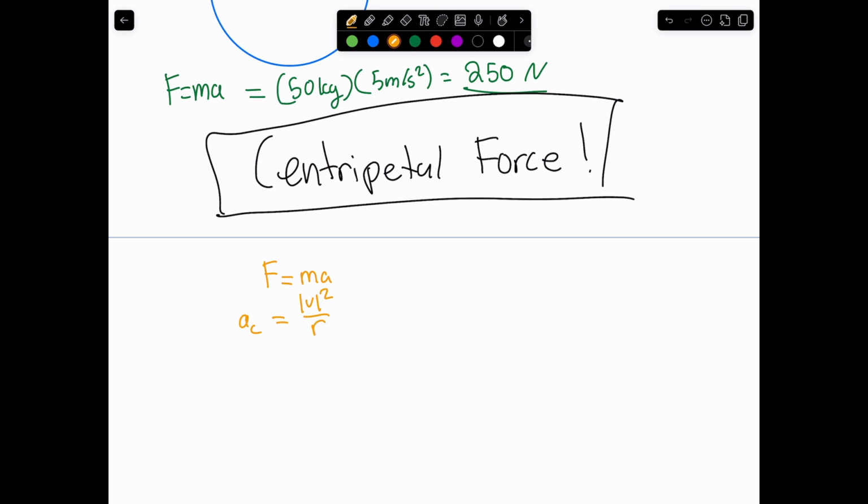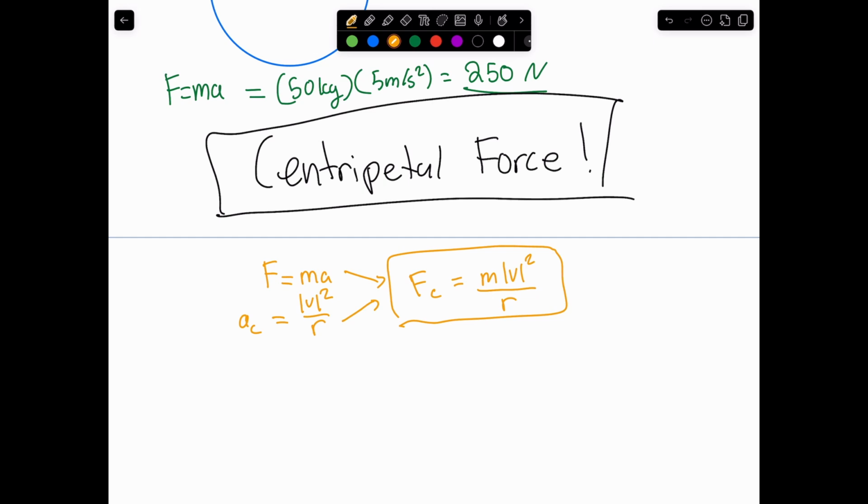Now, we can combine these two in order to create the equation centripetal force, designated as F sub c, is equal to m speed squared over r. Hopefully you can see how I did this. I just plugged in this a sub c value for the a in F equals ma and then added the c subscript here. But this is going to be your equation for centripetal force.